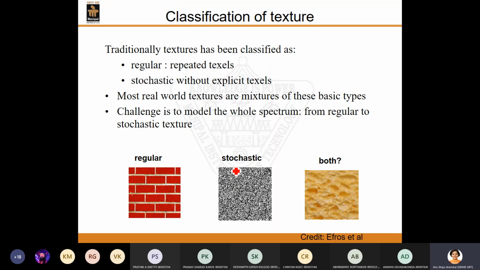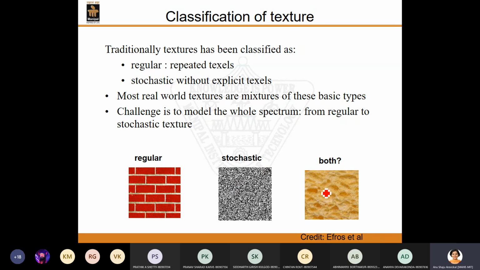Such kinds of images or textures, where it is generated from random variables, are called stochastic. And then there are other texture regions where you have a mix of both the regular pattern as well as the stochastic.